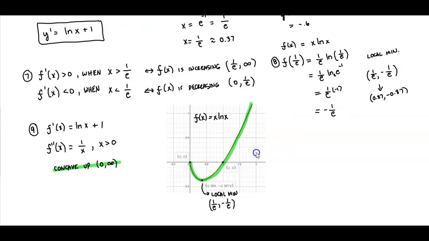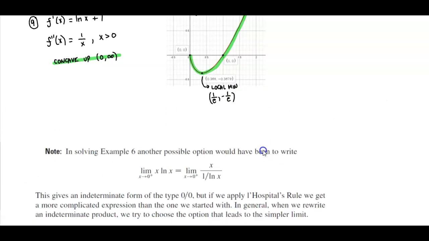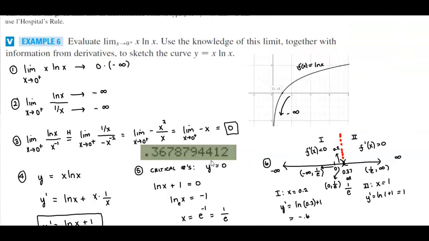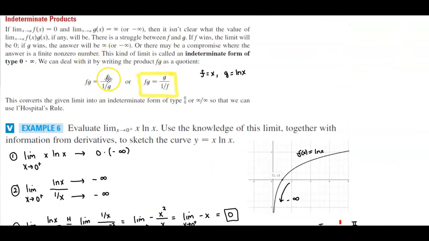Now, in this example, there would have been another possible option, but it would have been to write the limit as x approaches 0 from the right, x times the natural log of x, which is equal to the limit as x approaches 0 from the right of x over 1 over the natural log of x, which means that we would have chosen this first one.